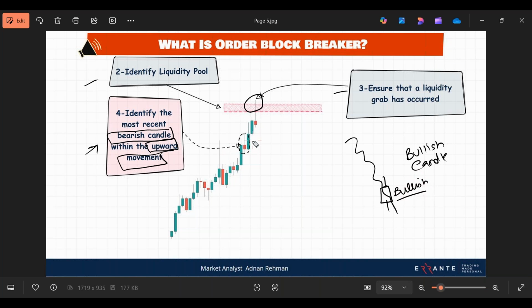So in this particular case, we were going up and we had this bearish candle over here. Now this is our bingo candle. If we are able to break below this level, then it will be considered a breaker block.